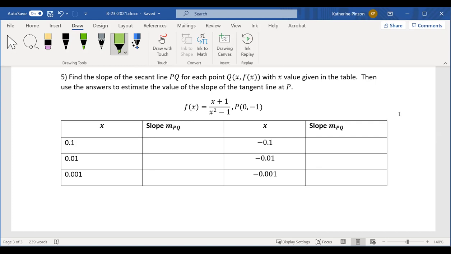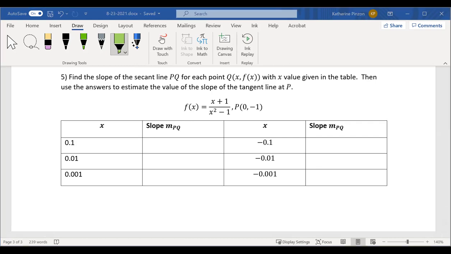What it wants is the slope of those secant lines joining this point 0, negative 1 with this x value, and then this point with this x value. Because what it wants us to do is estimate the slope of the tangent line at that point of that function. So let's see if we can do this in Desmos.